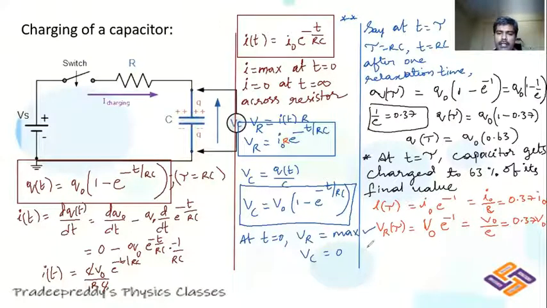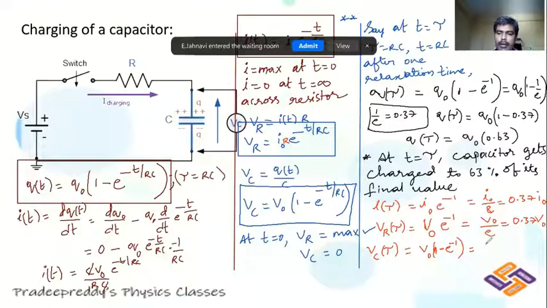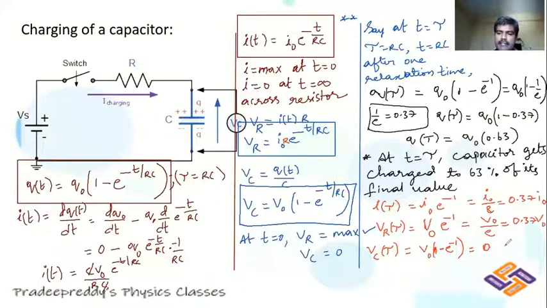Similarly, the voltage across the capacitor is equal to V naught into 1 minus e power minus 1. This is equal to 0.63 of V naught.